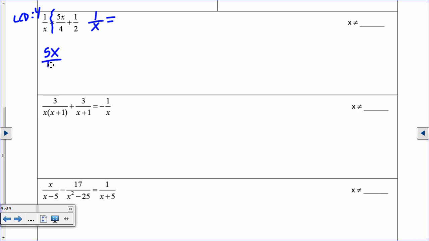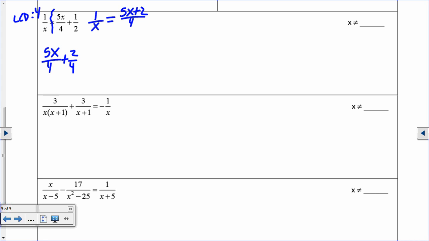But the second one is a 2 right now, so I need to multiply times 2 to get to 4. So if I add those together, 5x plus 2 over 4. So this is my new situation. Instead of the type 2, I turned it into a type 1, so it's 1 to 1.